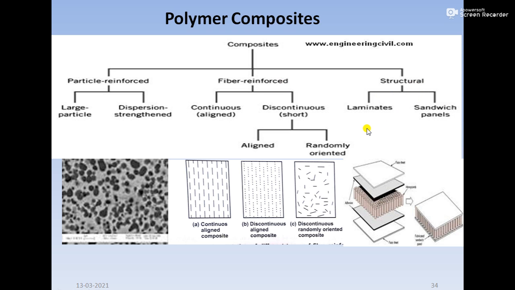And last is structural composite. So in that, one is laminates. So the best example is plywood. You know the plywood is having number of layers adhered in a single material. And second is sandwich panel. So you know where it is used, that is used in the boat hull, that is ship hull or aeroplane body, where the weight should be low.